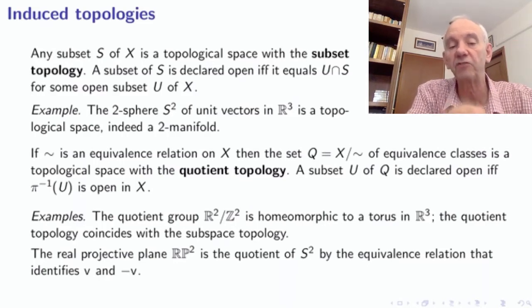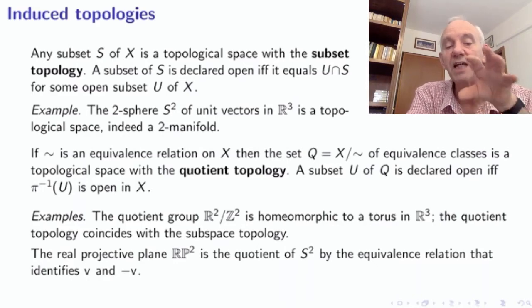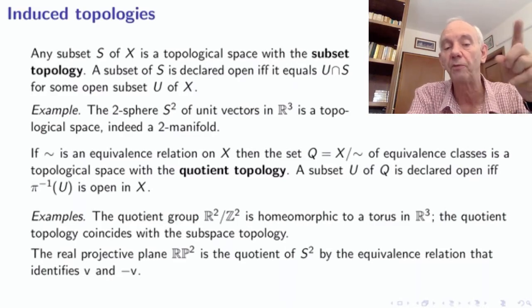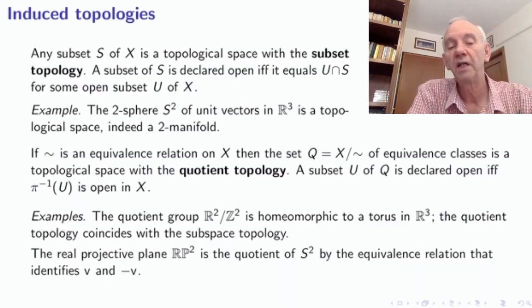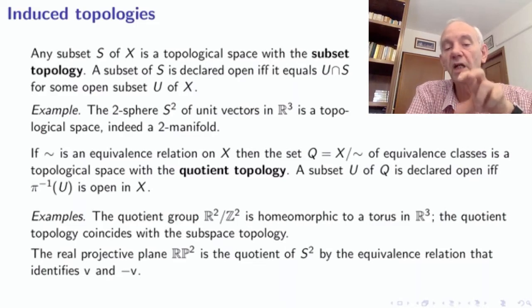So any vector is equivalent to minus itself. That means we've identified each point on the two-sphere with its antipodal point. It's quite hard to imagine the set of equivalence classes that results from that. But whatever it is, it's called the real projective plane. And it acquires a topology from the definition on this slide.